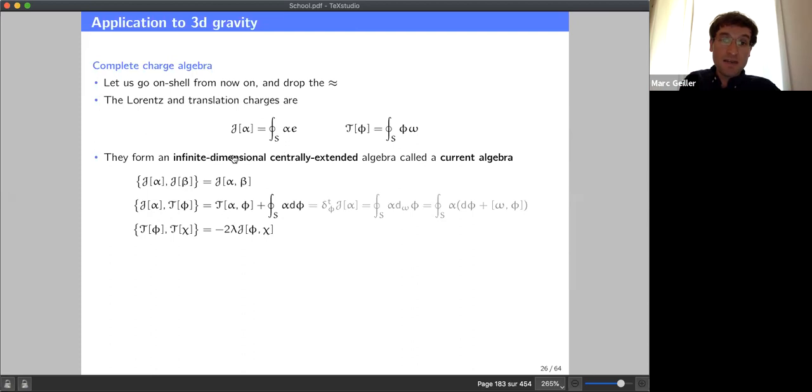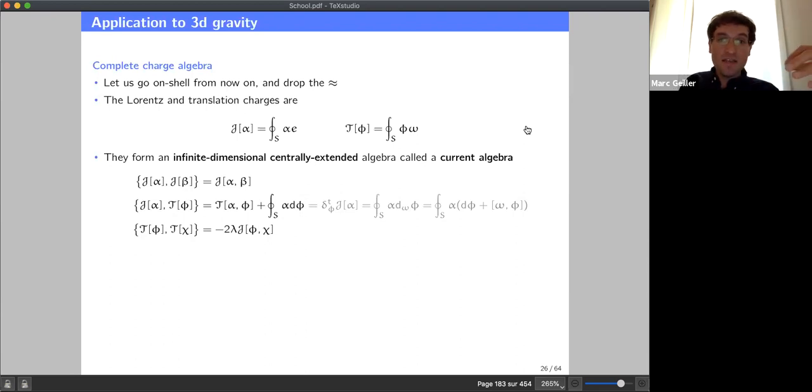This algebra is in fact infinite dimensional, and usually we call this a current algebra. I think that's usually the terminology for this. So this is an infinite dimensional Lie algebra called the current algebra.